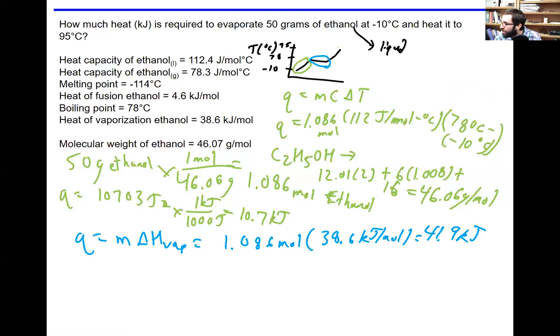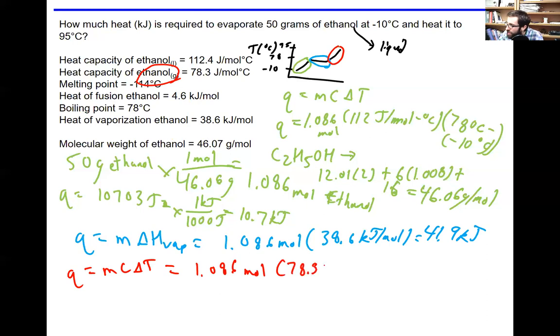Okay, and now we're going to go to this last portion where we're going to heat it up. It's at 78 degrees C, it's all vaporized, and now we're going to heat it up. So again, this is MC delta T. It's a different C now because it's the heat capacity of the gas, because we're heating a gas now. But we know the moles, we're giving everything in units of moles.